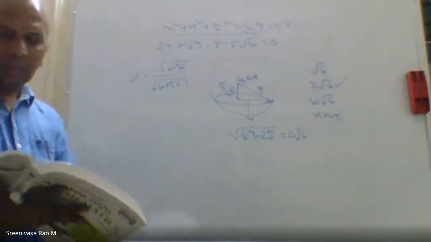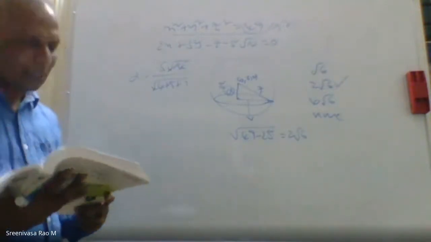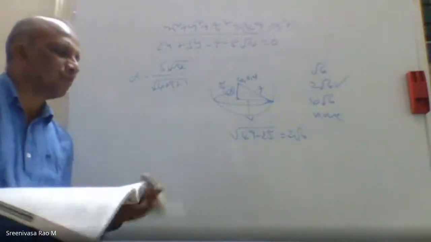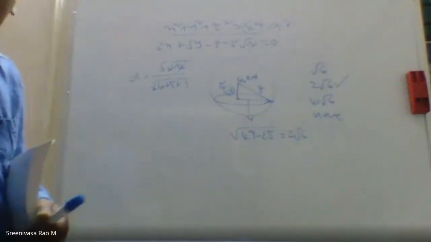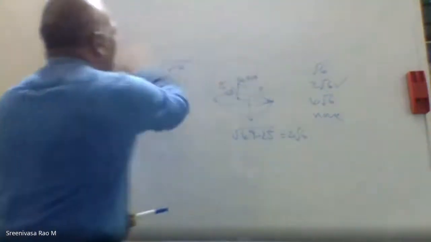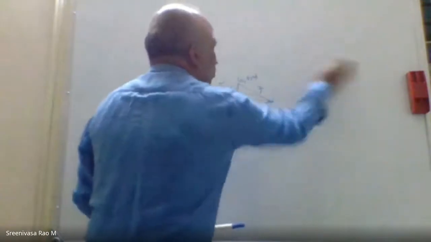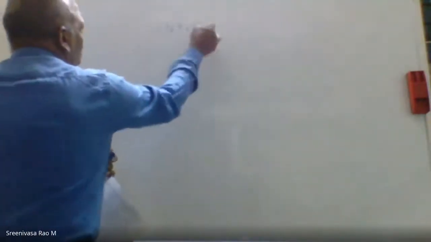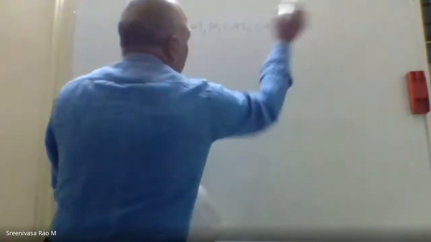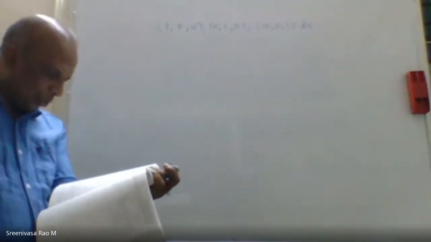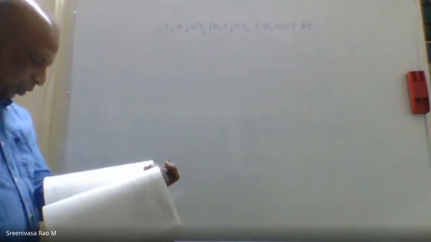Next one. So the next problem. The smallest radius of the sphere passing through 1, 0, 0, 0, 1, 0, 0, 0, 1 is, they're asking.